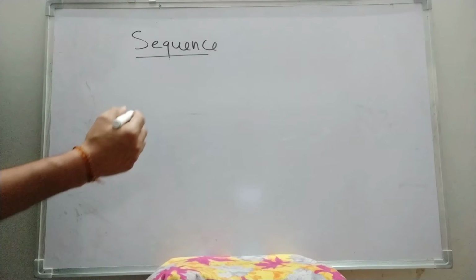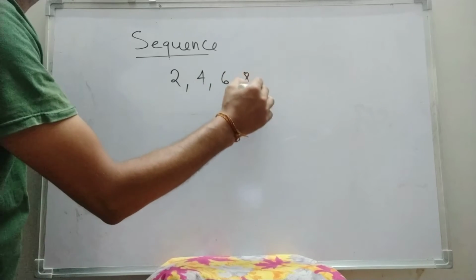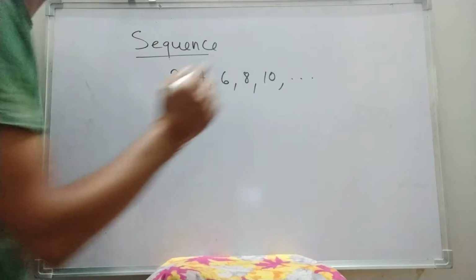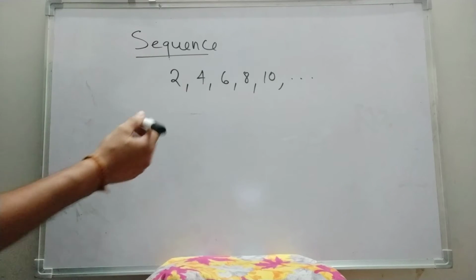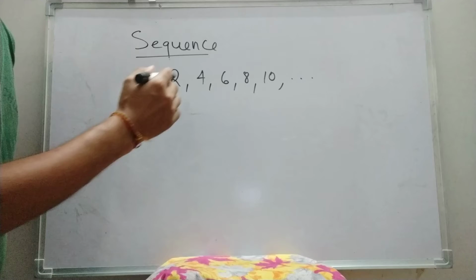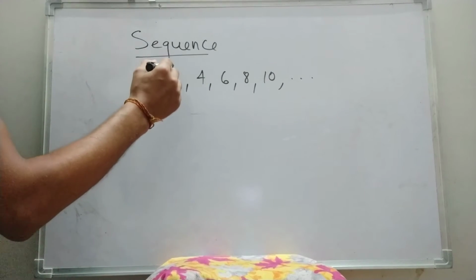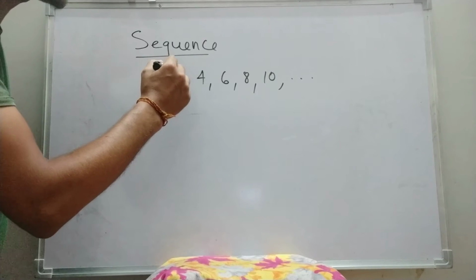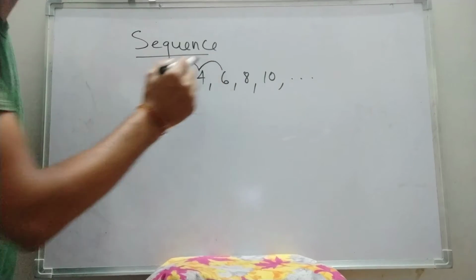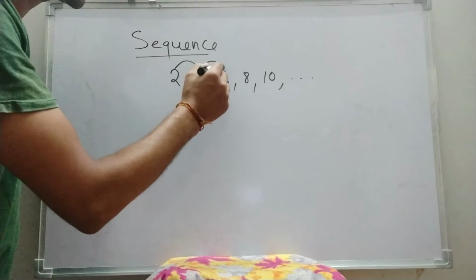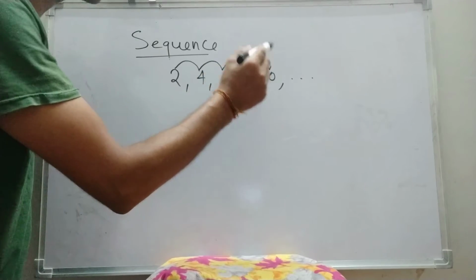Students, if I write some numbers 2, 4, 6, 8, 10 and so on, if you observe, these numbers are arranged by a particular definite rule. The first number is 2, then we get another number 4, then again another number 6, and the pattern goes on in this way.